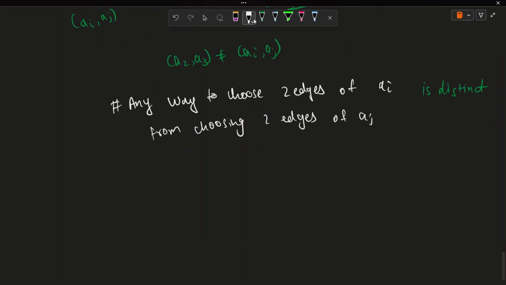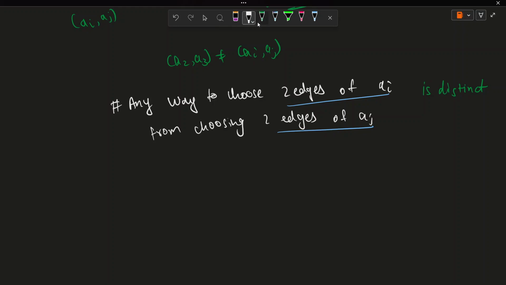Because if one of the ways is the same, suppose this is AI, this is AJ, and suppose these are some vertices x and y, then if x and y correspond to both AI and AJ, this is the figure we get, and this figure forms a quadrangle, which is not possible. So this is what I mean to say.